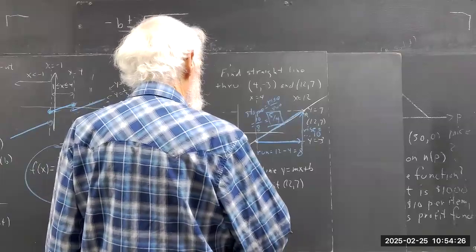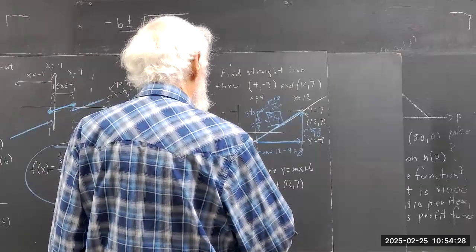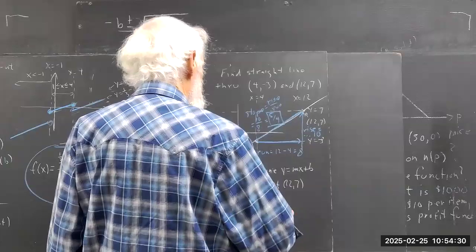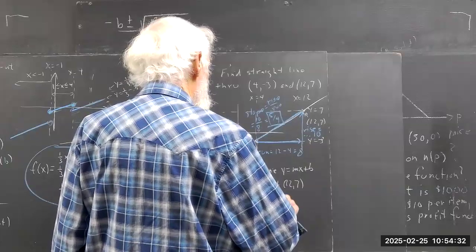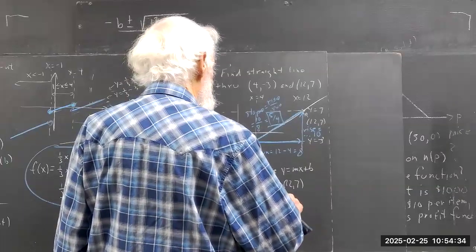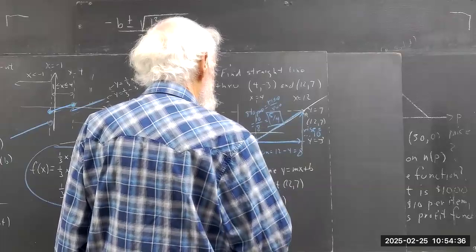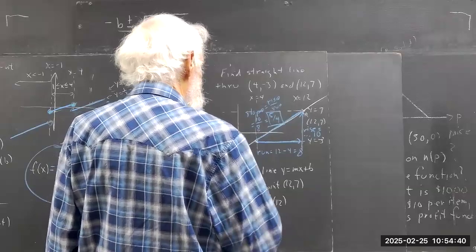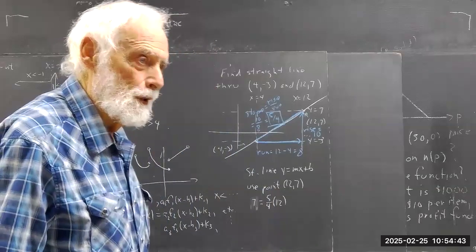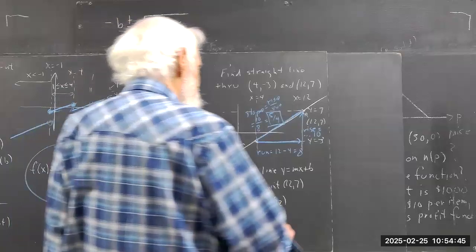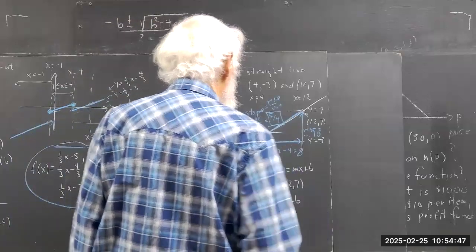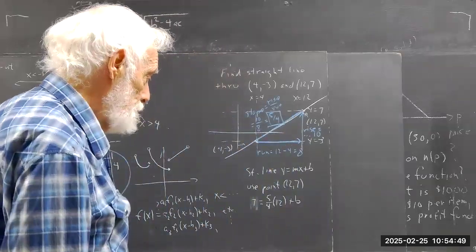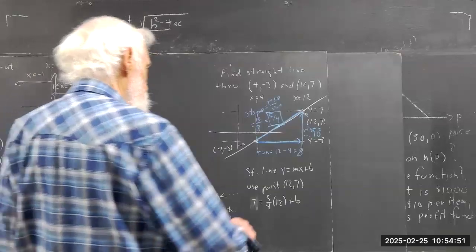Okay? I get 7 equals, slope is 5/4, times 12, plus b. I always do that. First number I write is the first number I see. Then I've got to figure out what to do wrong. Okay. So we've got 5/4 and 12, plus b is 7.